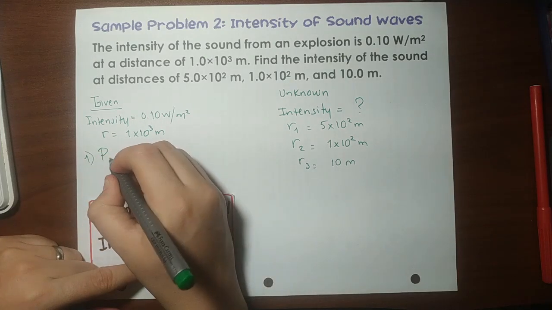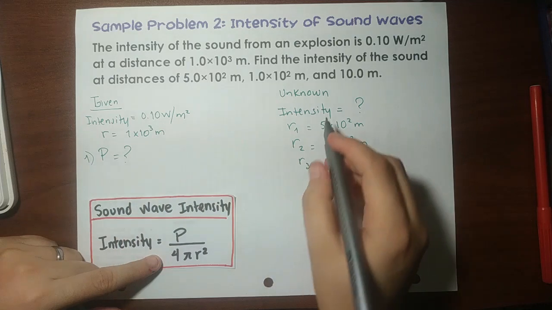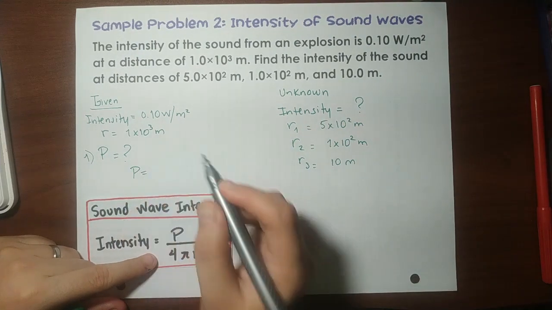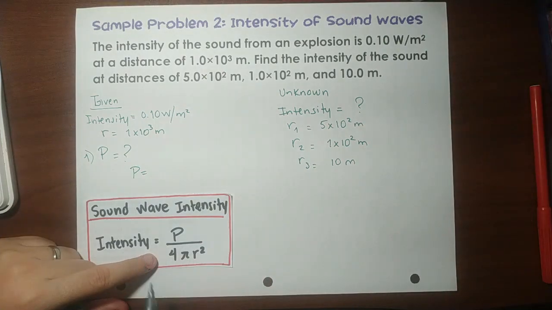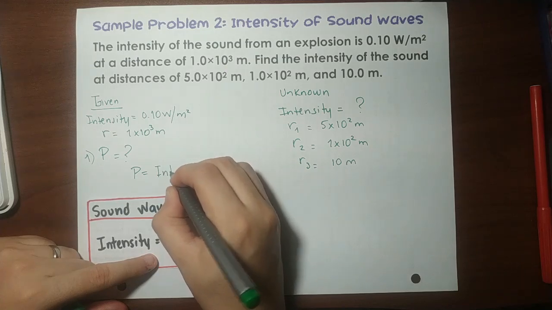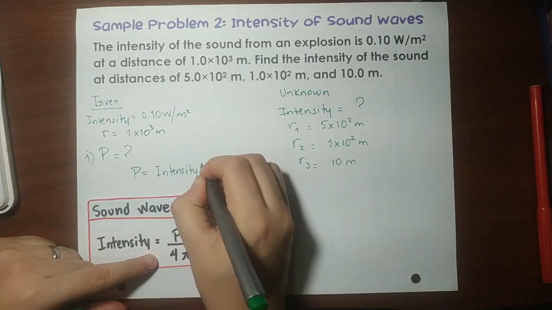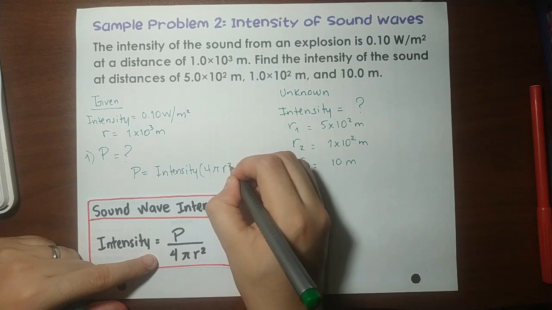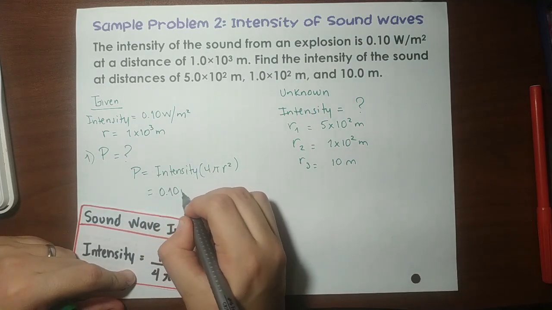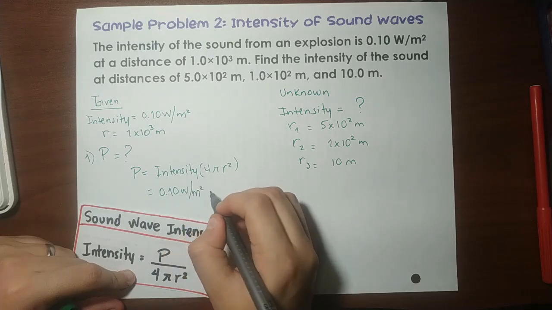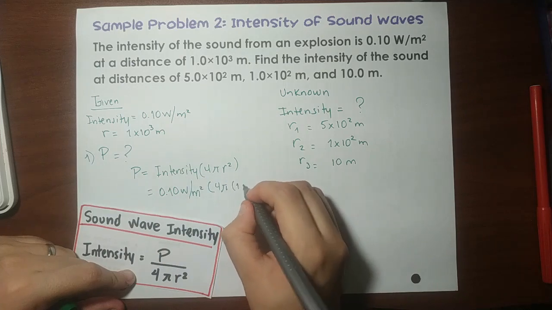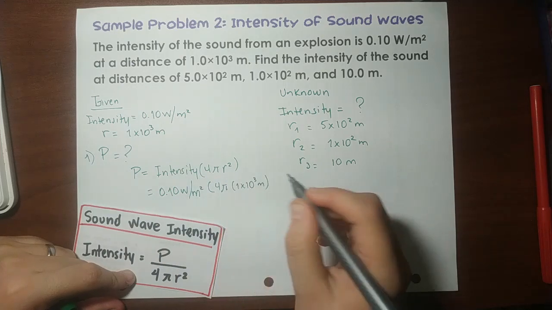First of all, we're going to calculate the power in order to get the other intensities. So power, if I isolate for it, everything that is dividing goes to the other side to multiply. So power will be equal to intensity times 4 pi r to the second power. So I have my intensity of 0.10 watt over meter square that multiplies 4 pi and the radius that is 1 times 10 to the third power meters.